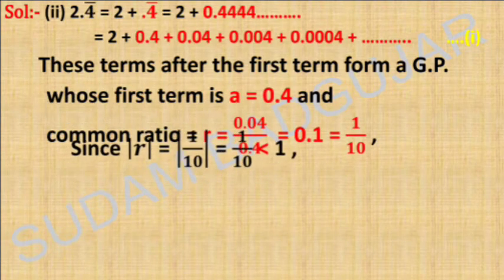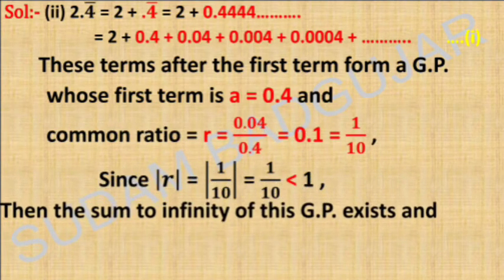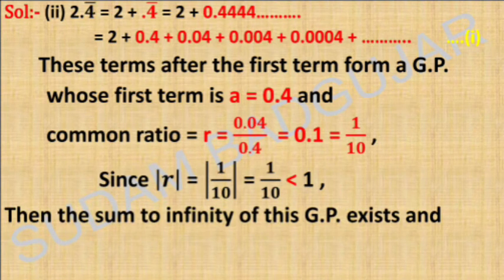Since the absolute value of R, 1 upon 10, is less than 1, hence the sum to infinity of GP exists and its value is S equal to A upon 1 minus R. Now substitute both the values A and R here. Therefore S is equal to 0.4 upon 1 minus 0.1, that is 0.4 upon 0.9, which is nothing but 4 by 9.